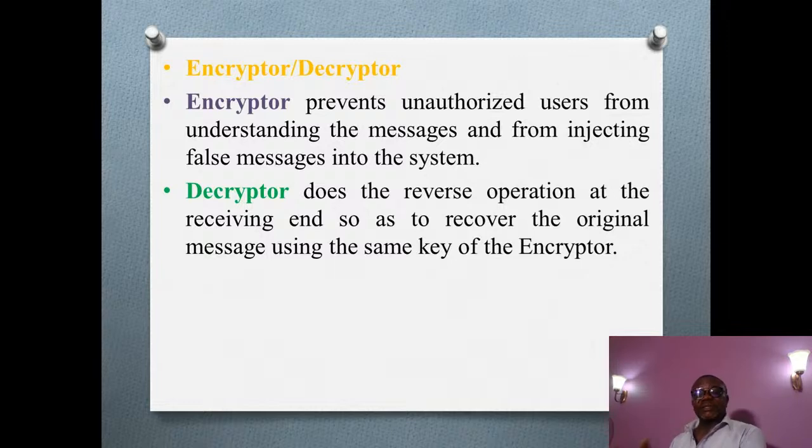Otherwise, the receiving end has a decryptor that reverses the encryption operation done by the encryptor. So the decryptor does the reverse operation at the receiving end so as to recover the original message using the same key as the encryptor. Note here that the manipulation you did at the encrypting end is called the key.